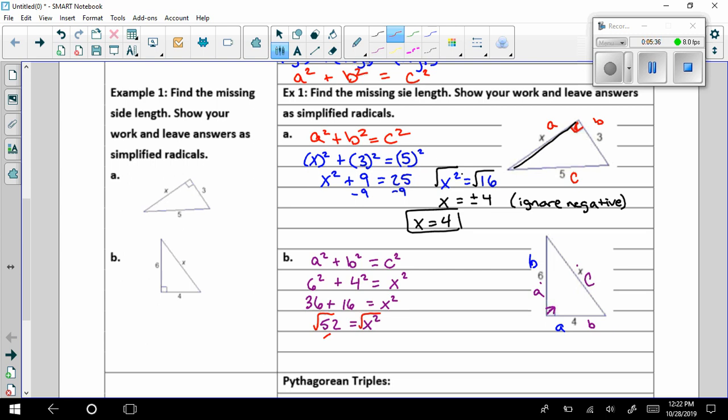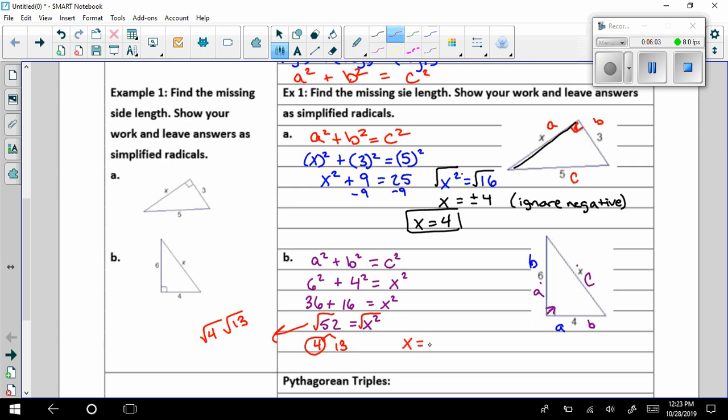What that means is we have to simplify our radicals, and we'll work a little bit more on this in class, but 52, if you look at what goes into 52, it's 4 times 13, and I picked 4 because 4 is a perfect square. So square root 52 can be rewritten as square root of 4 times the square root of 13. And the square root of 4 is just 2.